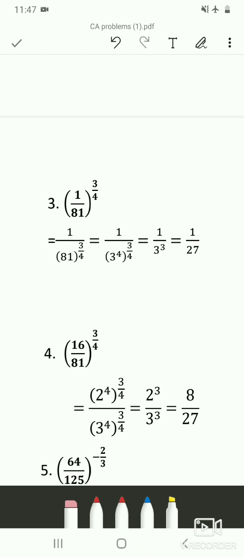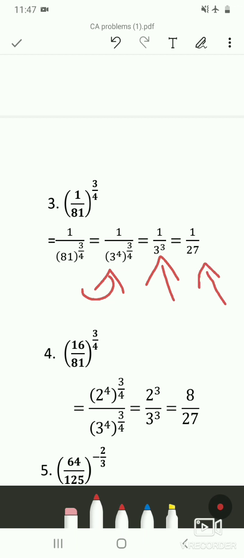So when you write it in that form, we'll get it as 1 upon 81 whole power 3 by 4. So then 81 is written as 3 power 4. Then when you use the third law, we'll get the answer 3 cube. So the last answer is 1 upon 27.